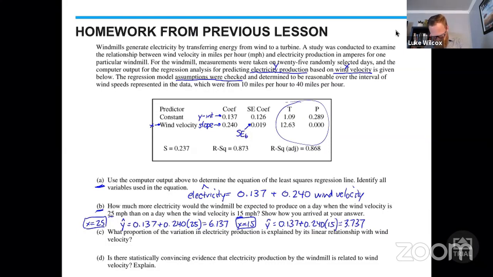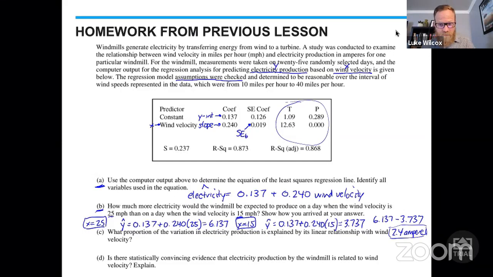So I would do, let's see, 6.137 minus the 3.737. And that's going to give me 2.4 amperes. So that would be my final answer. That is the additional electricity from 25 miles per hour than 15 miles per hour.